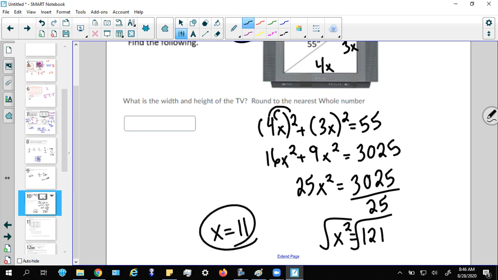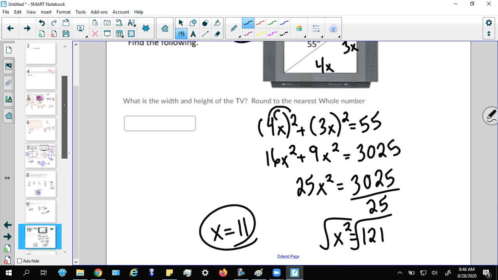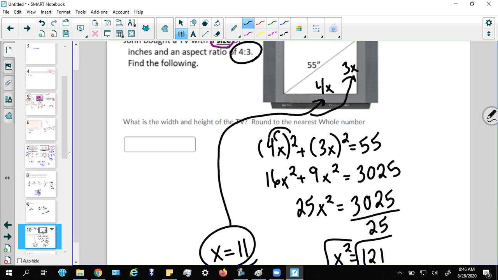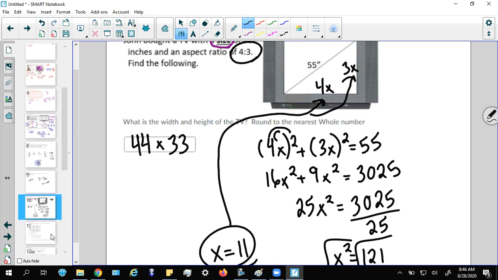Now for this question, a lot of you got to 11, but you didn't know what to do with it. This 11 will then be plugged into the x for the 4 and the x attached to the 3. So now my width ends up being 44 and my height ends up being 33. So the width and height of my TV screen is 44 by 33.